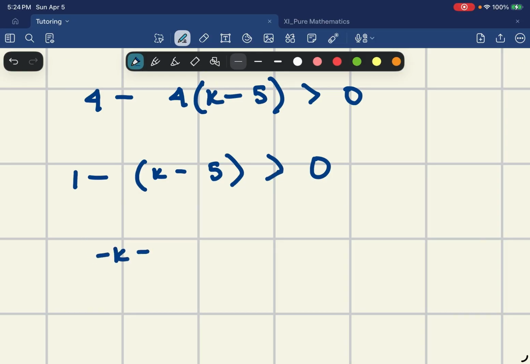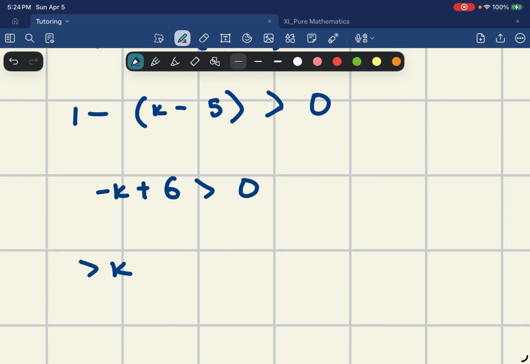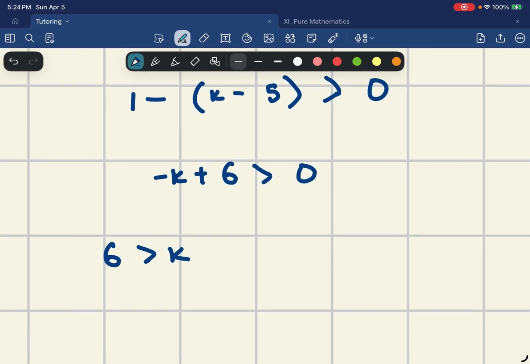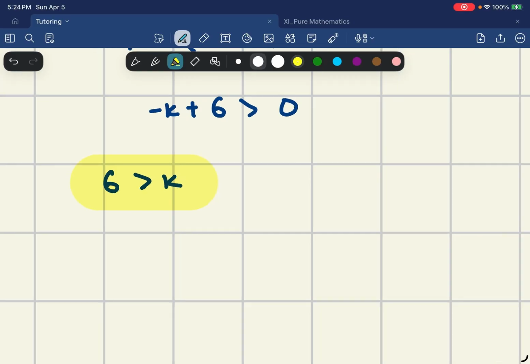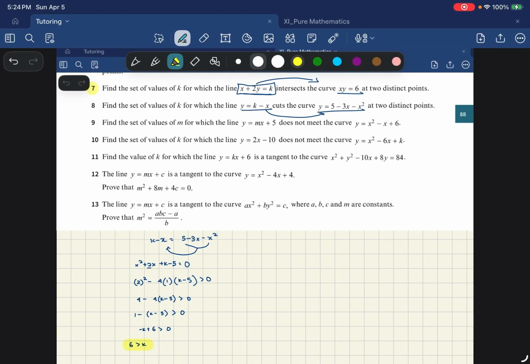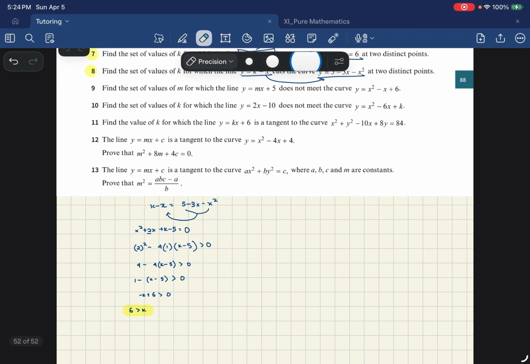So minus k plus 1 plus 5, which is 6, is bigger than 0. So k is less than 6, right? If I add k on both sides. So that should be your answer. k less than 6. All right. So that is the solution for 8. k is less than 6.